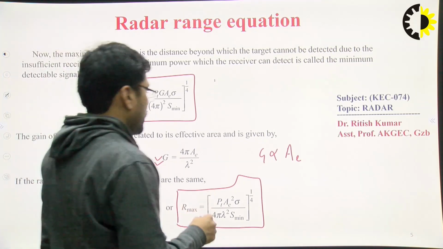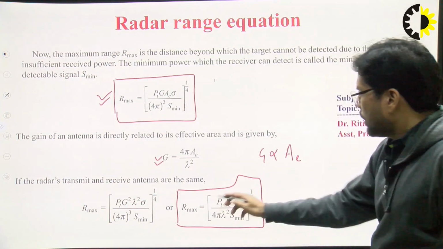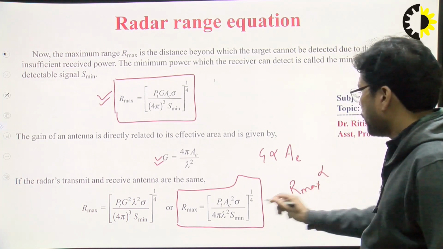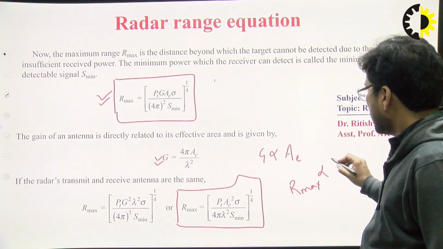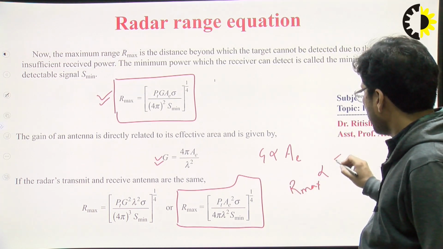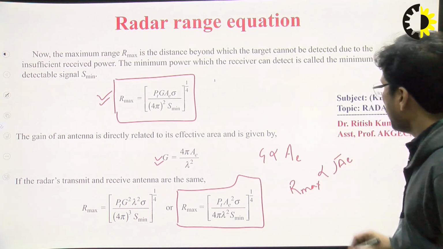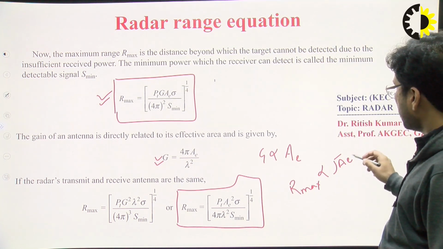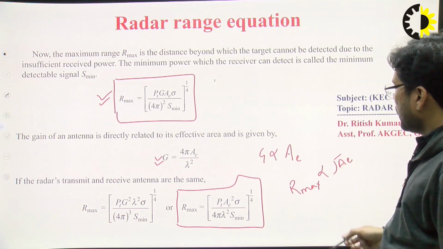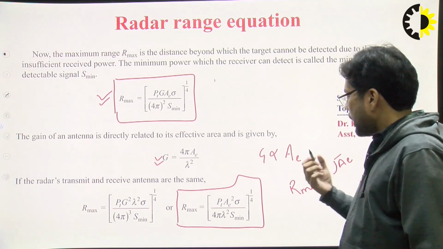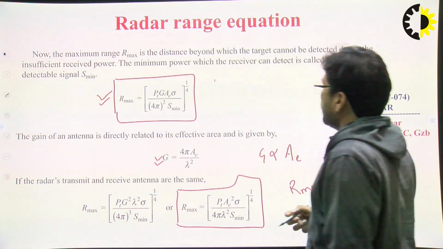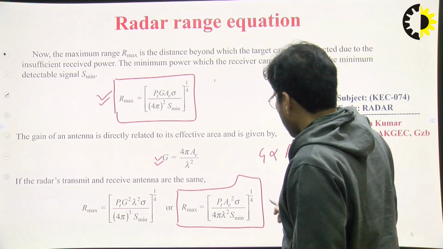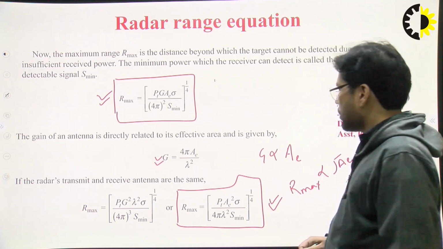So we can say R maximum is directly proportional to the square root of A. If you use a larger antenna, then you will have more radar range, right? So this is the basic equation.